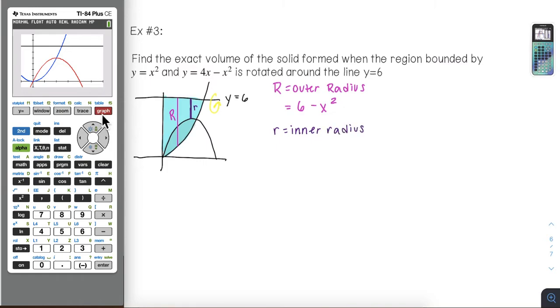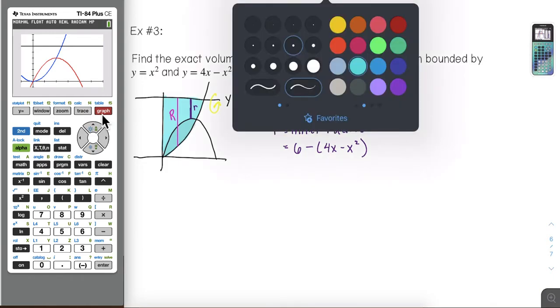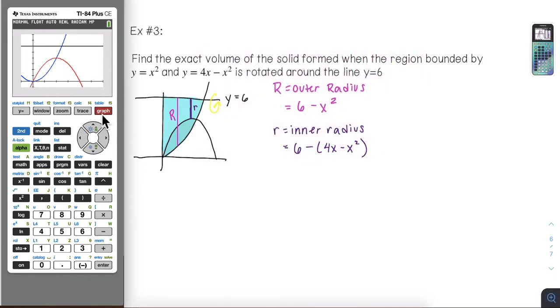If I was just rotating that inner function, my top function would be 6, and my bottom function would be the 4x minus x squared. If I was just rotating that top function, this solid would be created. So I basically want to take out that inner piece. I don't want that inner piece to be there.